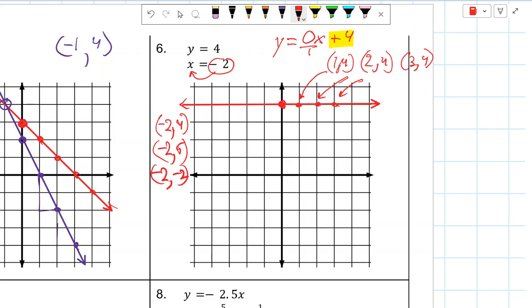Negative 2, 4, negative 2, 5, negative 2, negative 2. And you can see that we created a vertical line, which is not a function, as we know, but it does have a solution. It crosses at negative 2, 4.